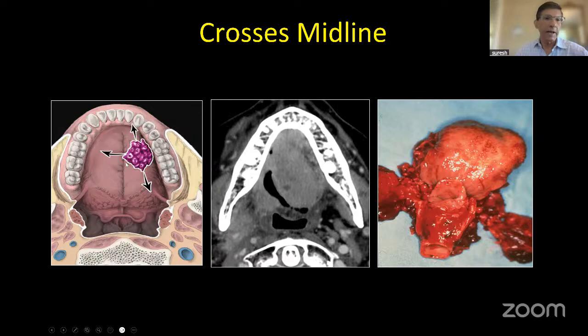So for us as radiologists, it's really important to identify how far this tumor crosses over. Because if the tumor barely crosses over, well, maybe the surgeons may perform a partial glossectomy or subtotal glossectomy. But on the other hand, if the tumor completely crosses over, then the only type of surgery that can be performed would be a total glossectomy and a laryngectomy.